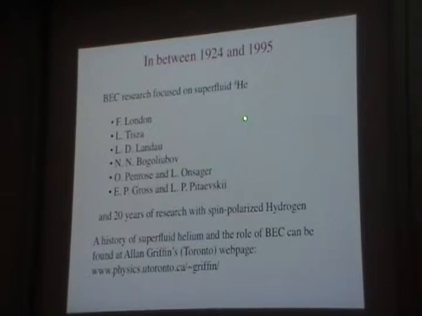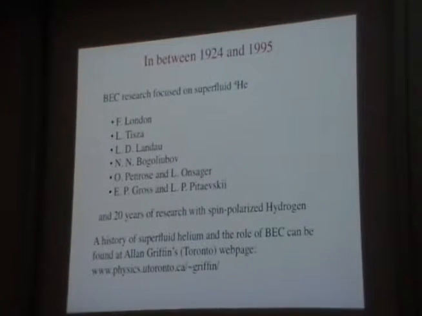In addition to all the research in superfluid helium, there was about 20 years of research involving spin-polarized hydrogen. So people were still interested in making a gas of Bose-Einstein condensate as opposed to a liquid, which is basically a strongly interacting Bose gas, if you like.